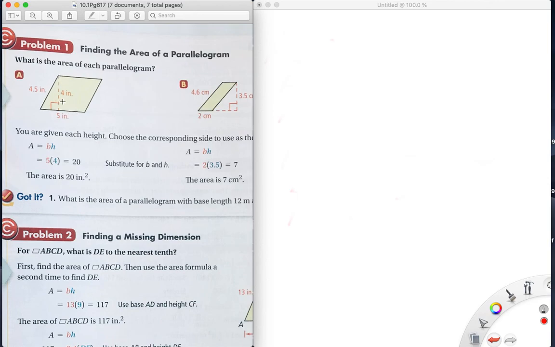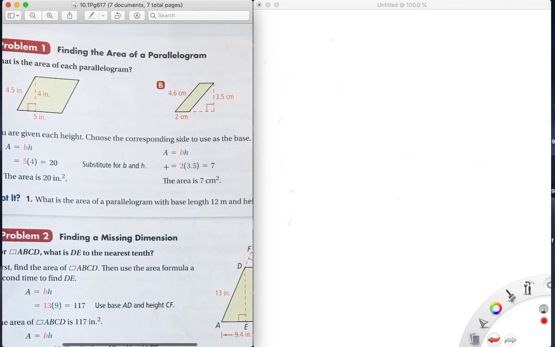So since this height is forming a 90-degree angle with 5, the 5 would be our base, 4 would be our height. So we plug in 5 for base, 4 for height, and the area is 4 times 5, or in this case 20 inches squared.